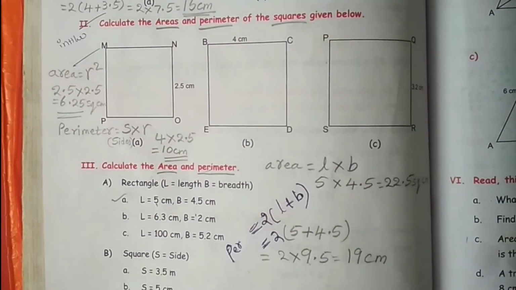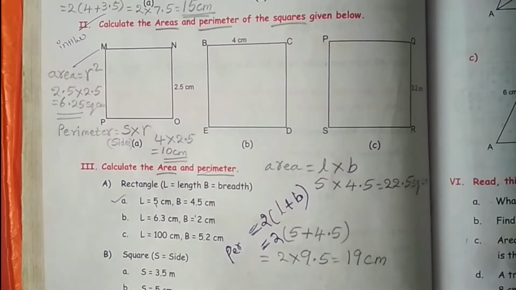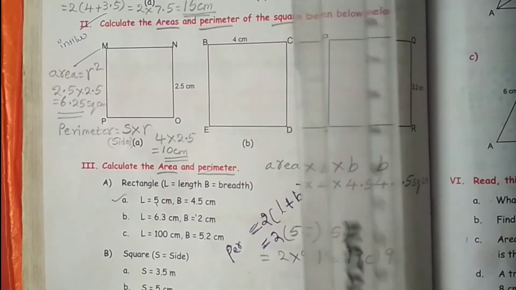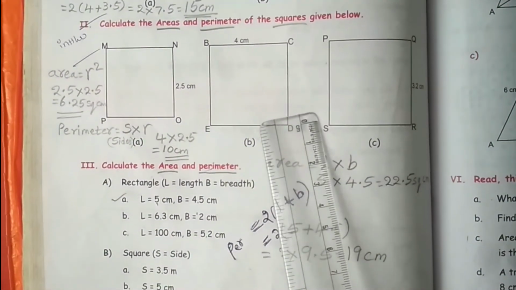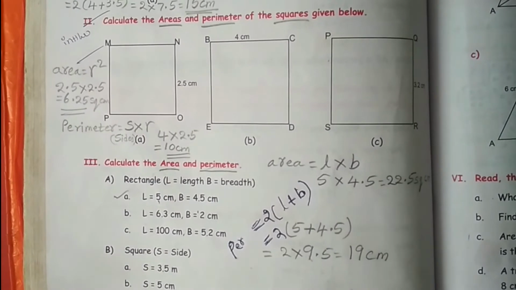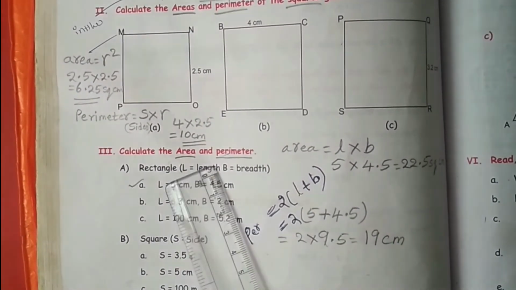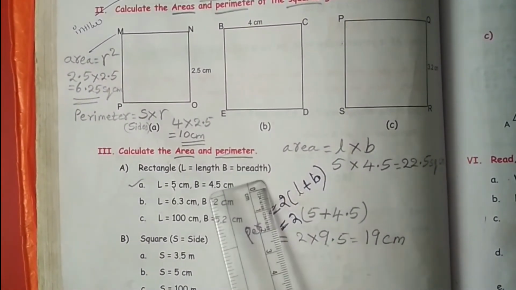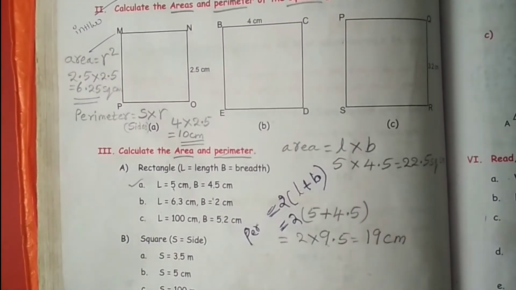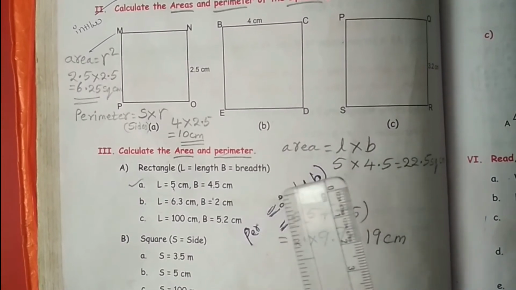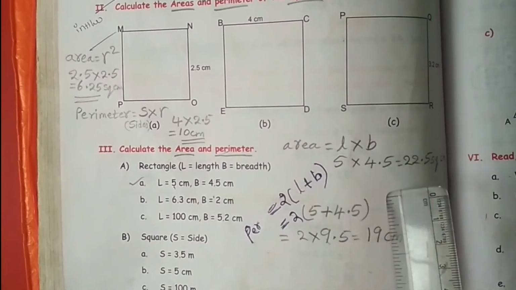You do it on your own. It's a simple multiplication. Okay. In the first question and the second question. And move to the third bit. Calculate the area and perimeter. See here, what's the formula for a rectangle? The perimeter's formula is 2 into length plus breadth.